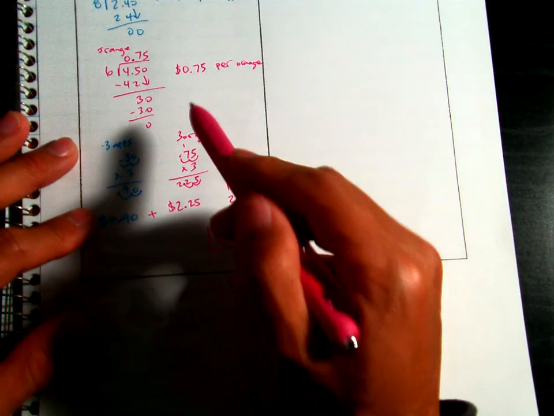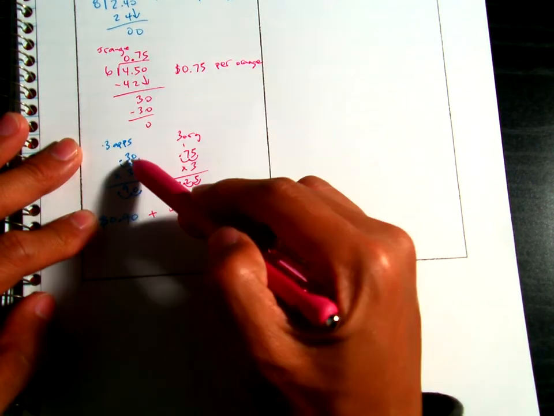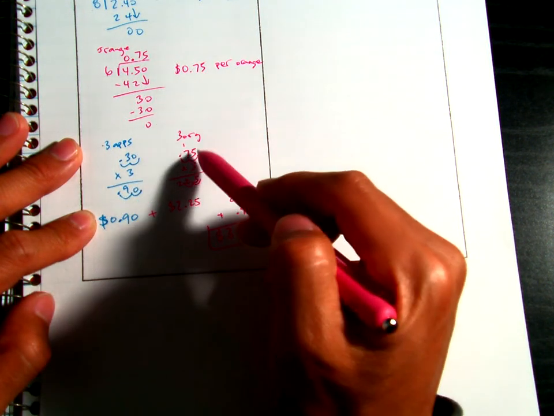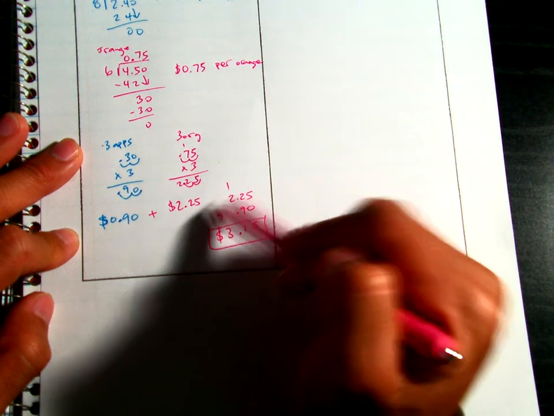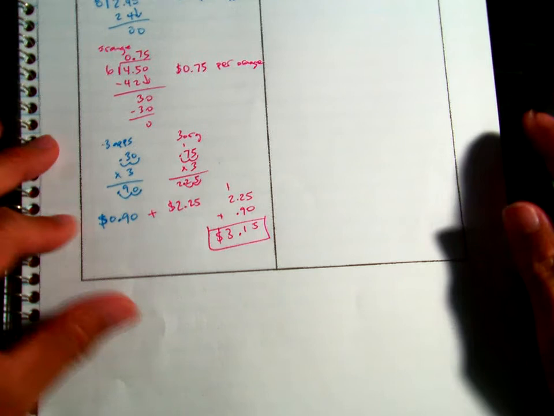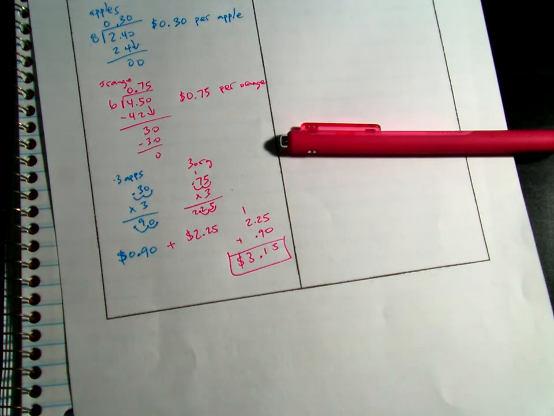And then you have to find the cost of 3 apples by multiplying the unit rate by 3, and doing the same with the orange, multiplying by 3. And then you have to explain that you added those 2 numbers up. If you explain all that, you should get full credit. Anyway, that is how you do part 1, the short answer, explain your reasoning part of the 6th grade midterm. Good luck.